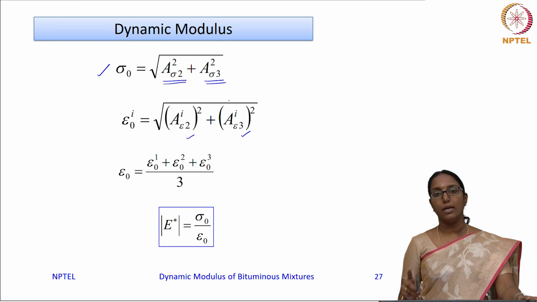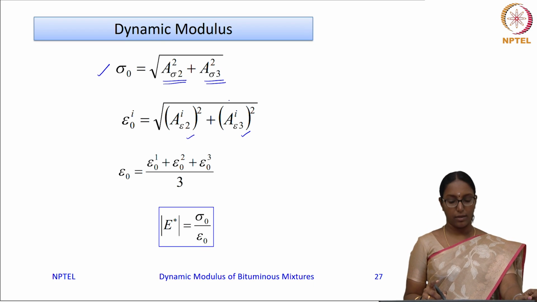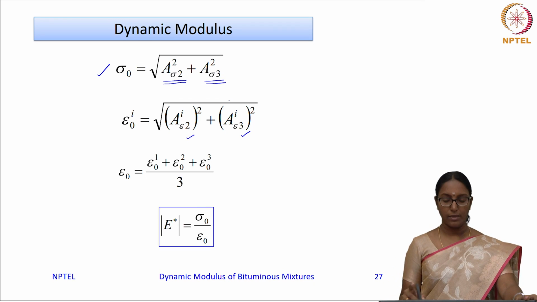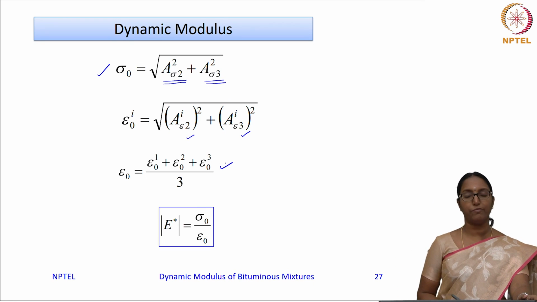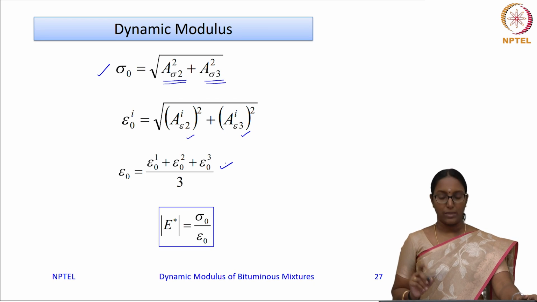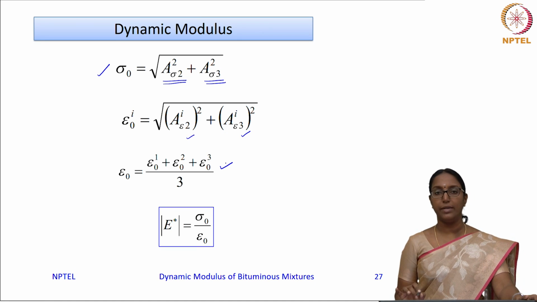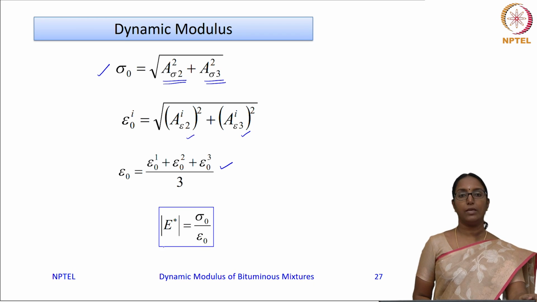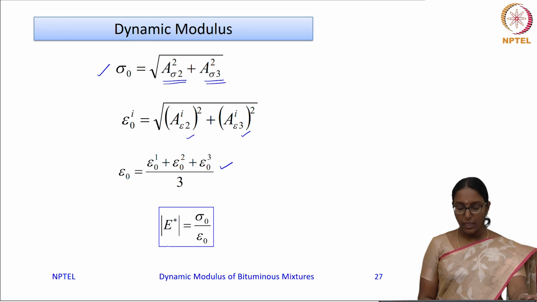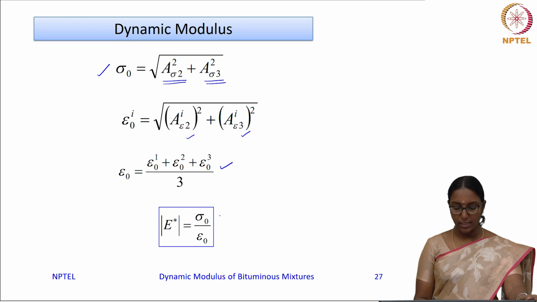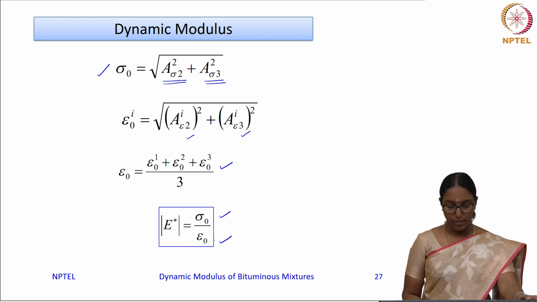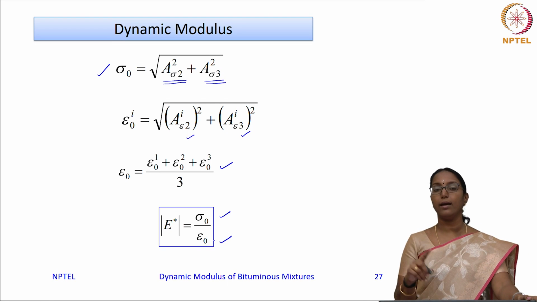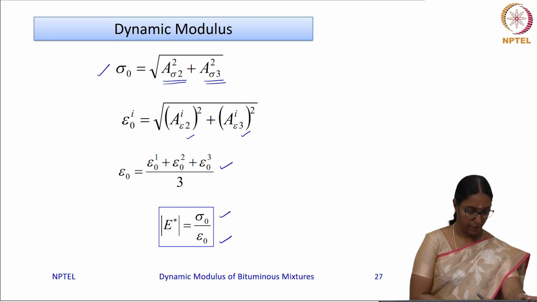As I said, you have 3 LVDTs, so you will get 3 peak to peak strain values. You can take an average of the 3 values to find the peak to peak strain value. And as we have already discussed, the modulus of E star will be given as sigma 0 by epsilon 0. So this gives you the dynamic modulus for one particular frequency and one particular temperature of testing.